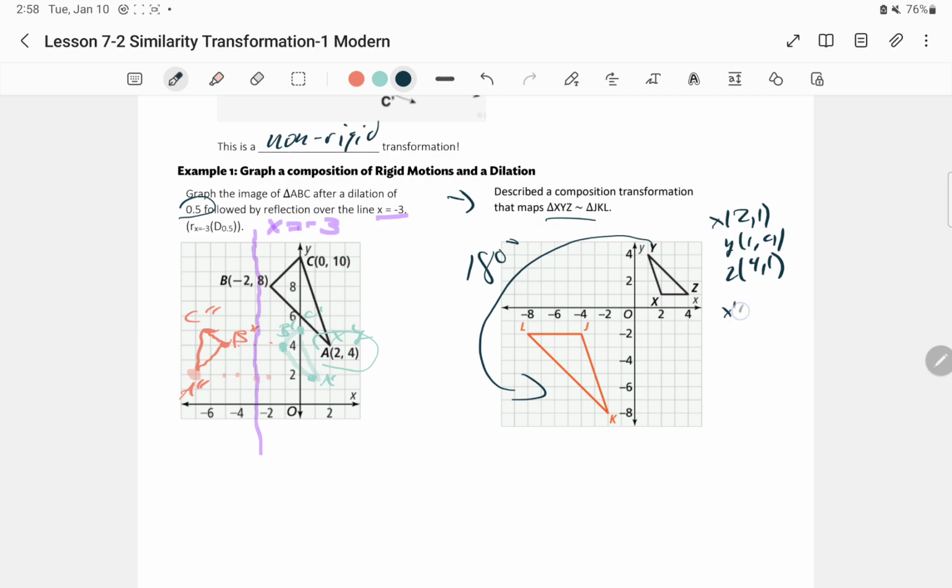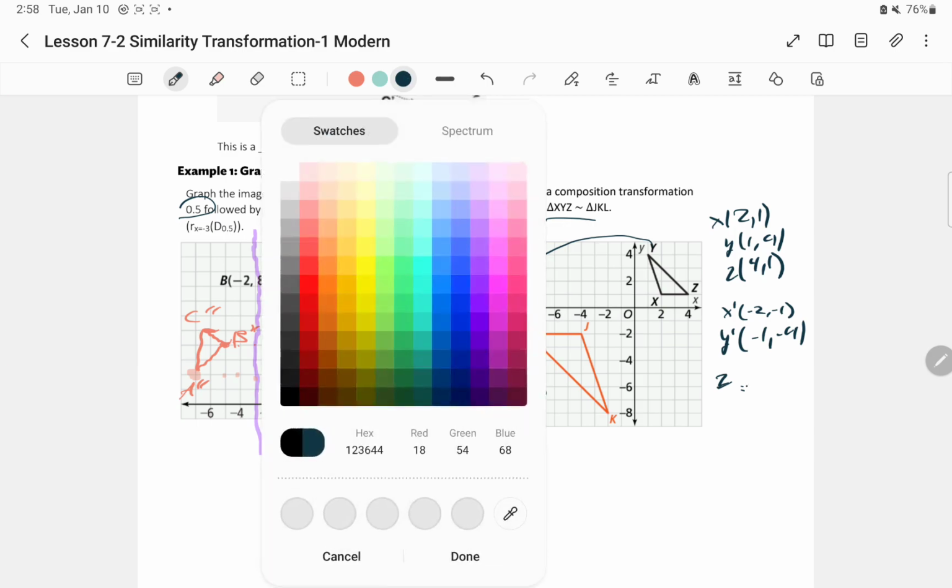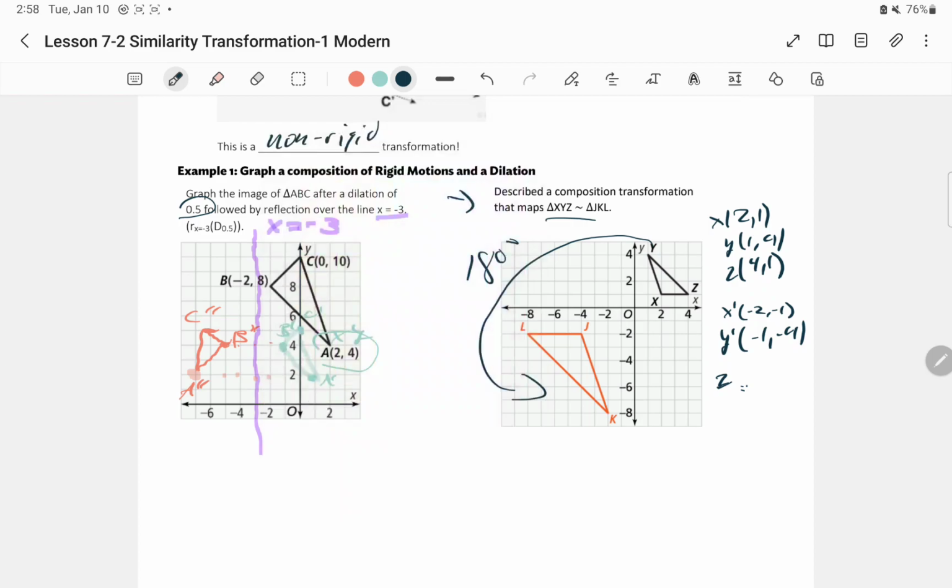So my new X becomes -2, -1. My new Y becomes -1, -4. And my new Z becomes -4, -1.